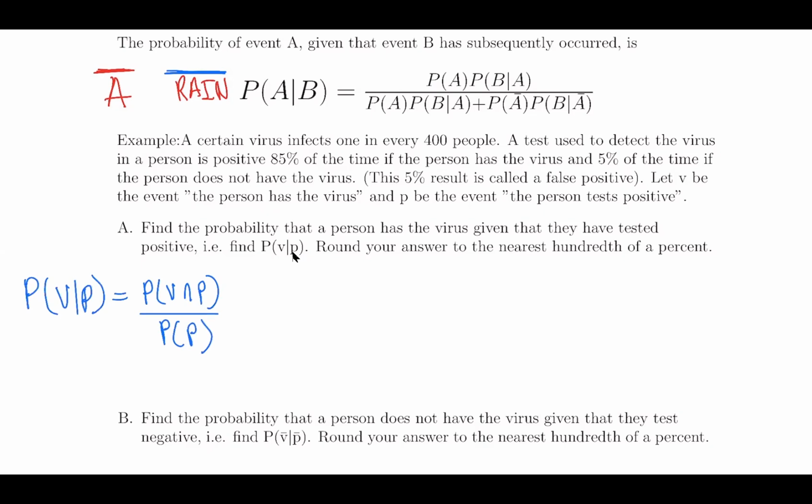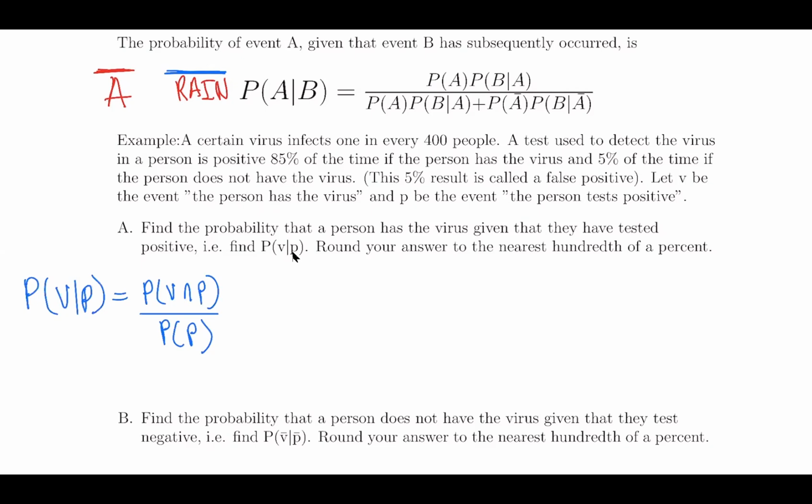We're going to find the probability of V and P, and then divide that by the probability of P, which is the probability they tested positive. Any questions on that formula so far?